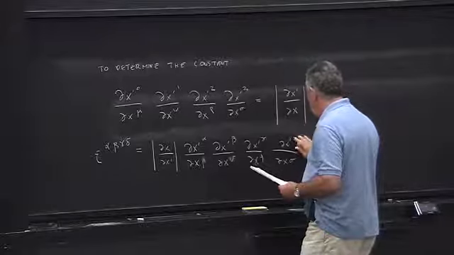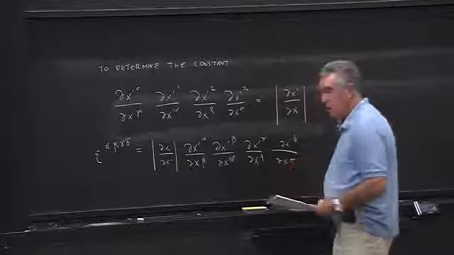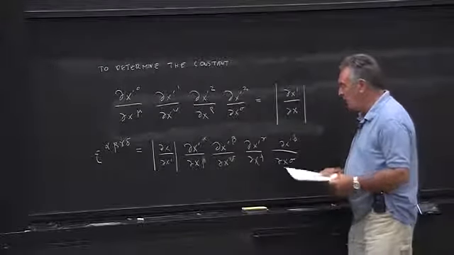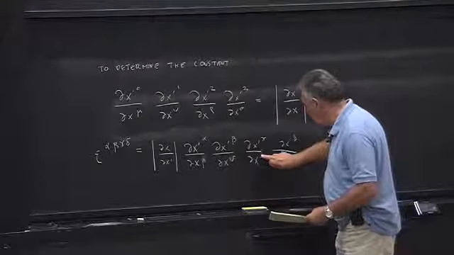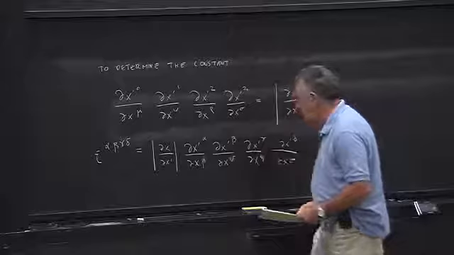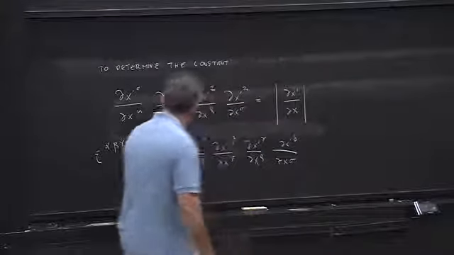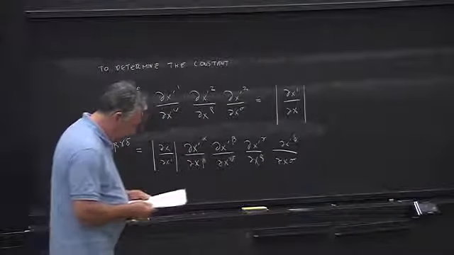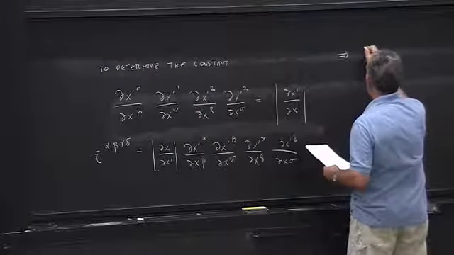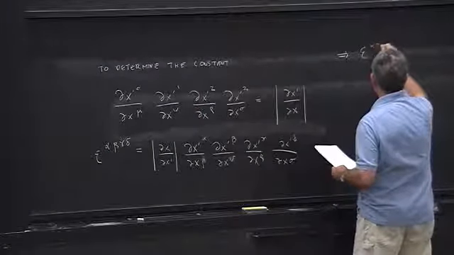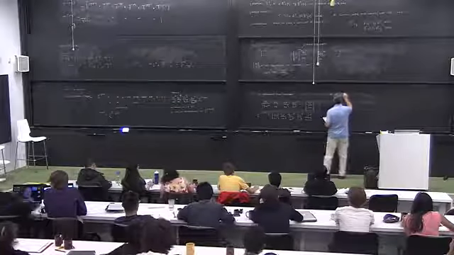Hope you can read this: alpha beta gamma delta on the top, mu nu rho sigma on the bottom. And from the definition, that implies epsilon alpha beta gamma delta is a density of weight 1.